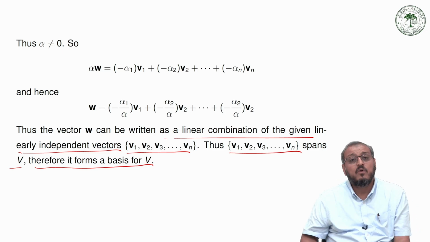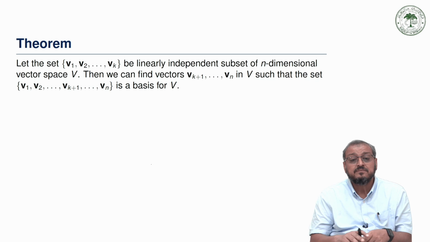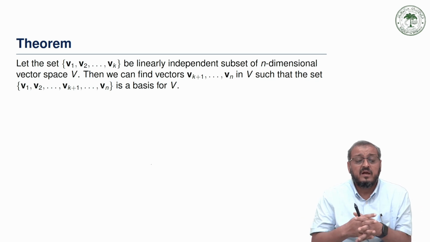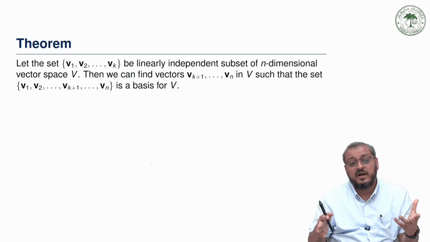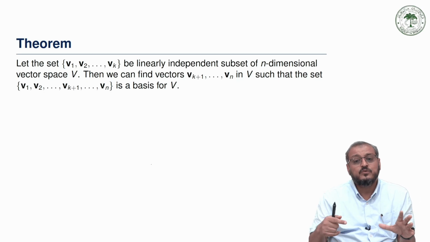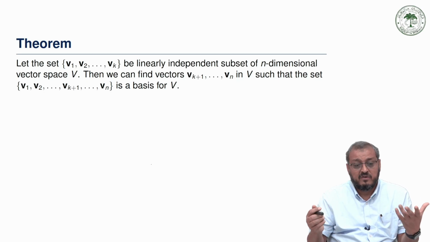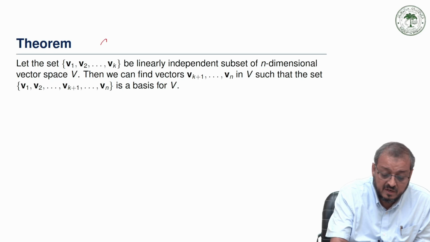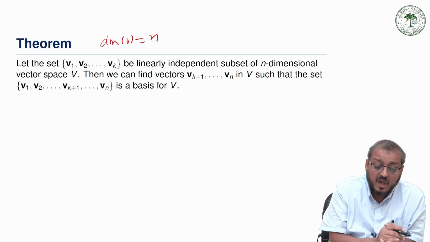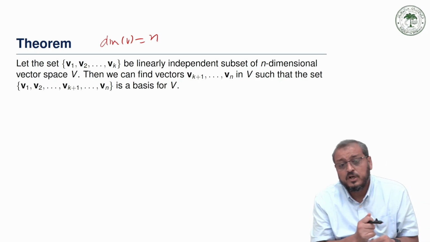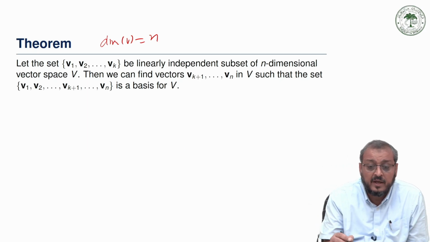Now one more very important result. When any set v1, v2, ..., vk is a linearly independent subset of an n dimensional vector space, because the dimension of the vector space is given, we can say that the dimension of V is equal to n.